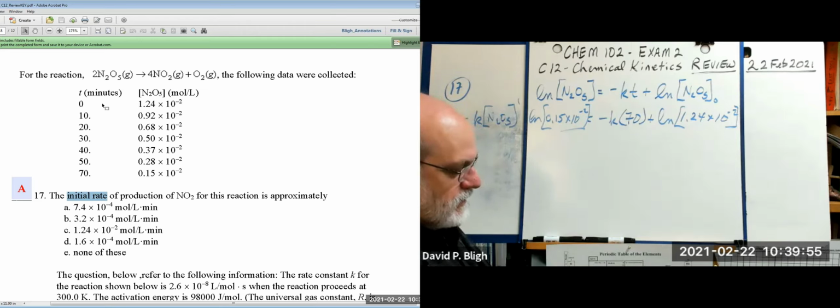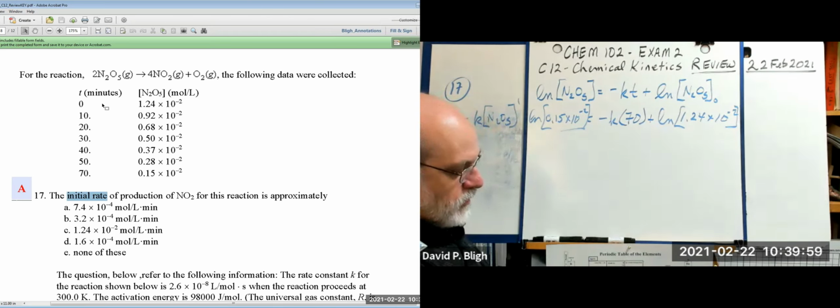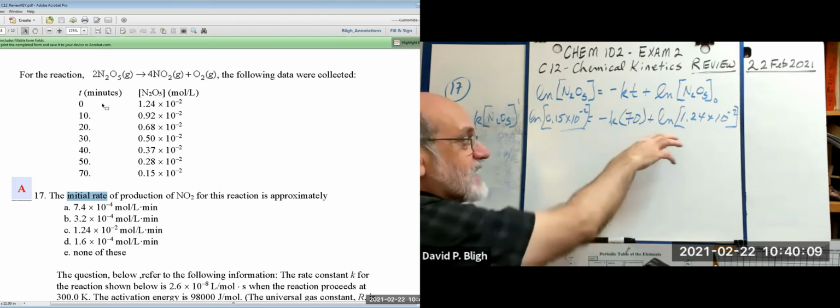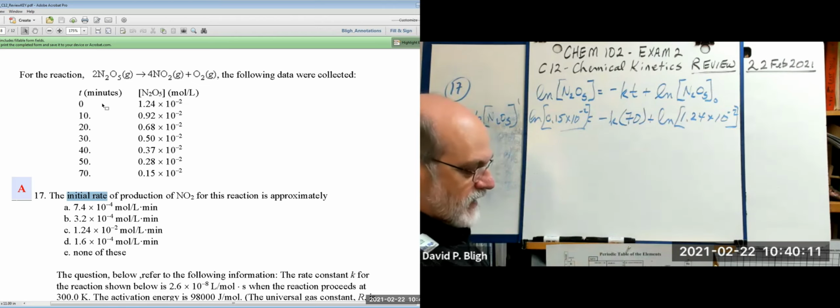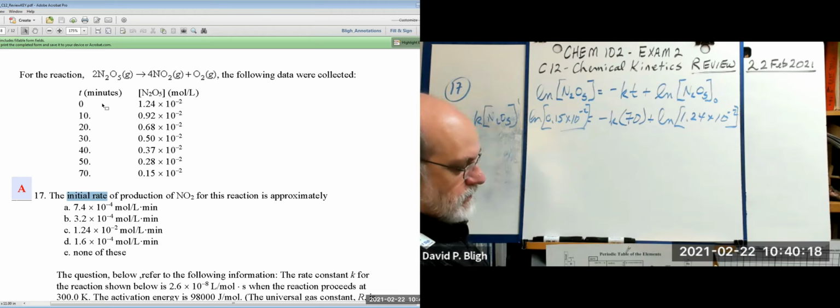Then we'll take the natural log of that, and then we'll take this one, 1.24 exponent minus 2, and take the natural log of that one and change the sign. It's a negative value over here, it'll become positive on that side. And then we add it to this one, because now I've already changed the sign.